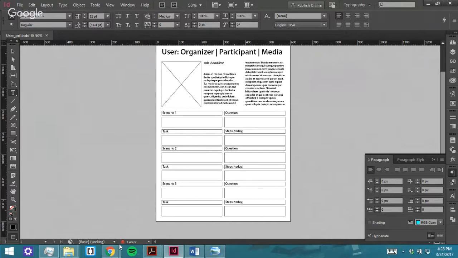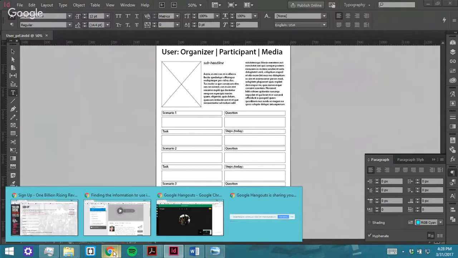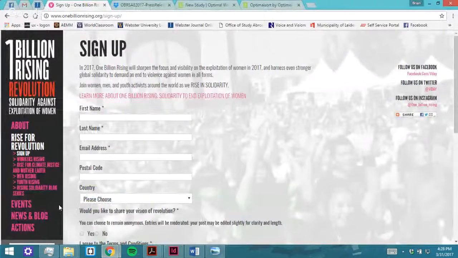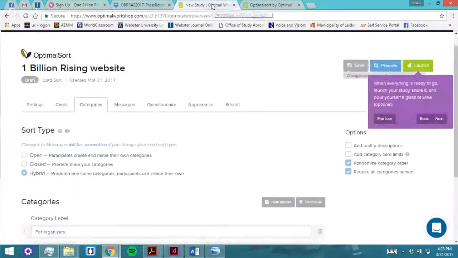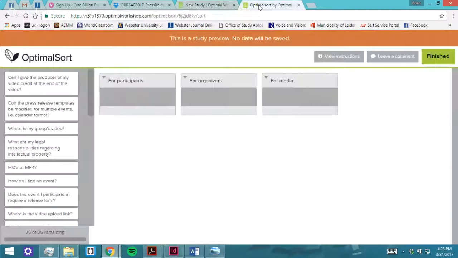Now, back to card sorting. I am in Optimal, and I have a couple of questions on my study preview. I think my questions are biased towards the organizer. I need to change my cards.